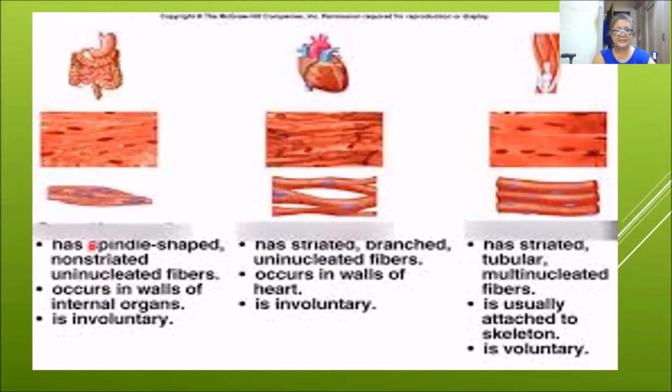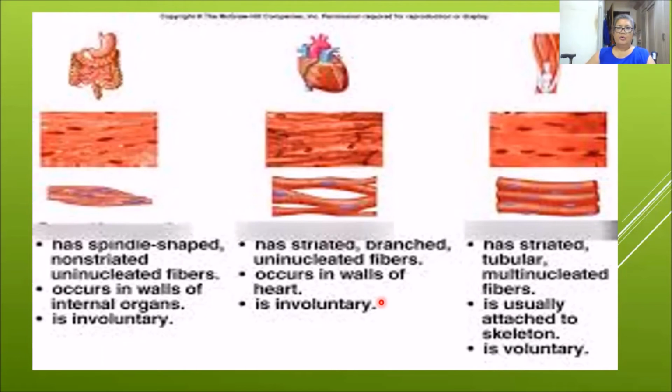The smooth muscle has spindle-shaped, non-striated, uninucleated fibers, but the heart or cardiac muscle has striated, branched, uninucleated fibers, and the skeletal muscle has striated, tubular, multinucleated fibers.